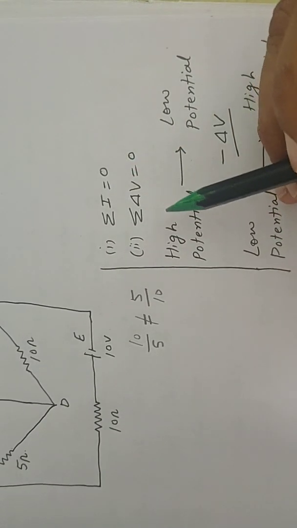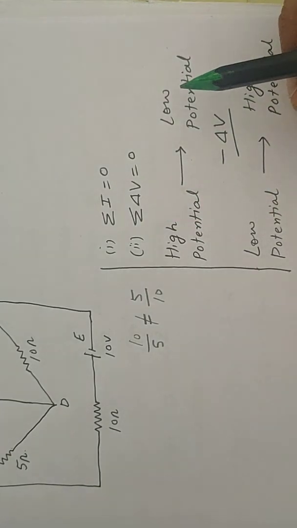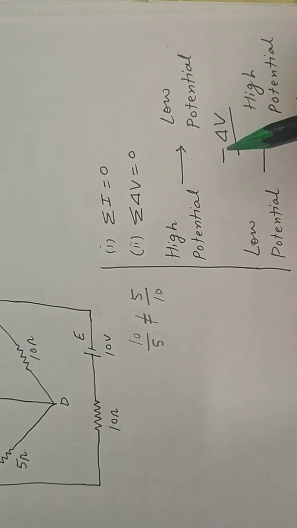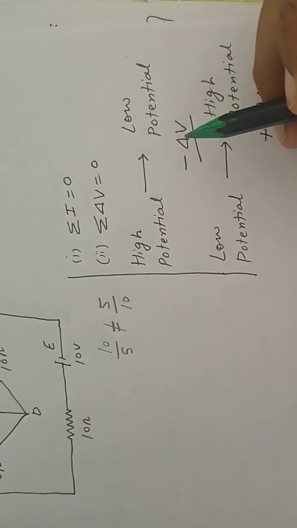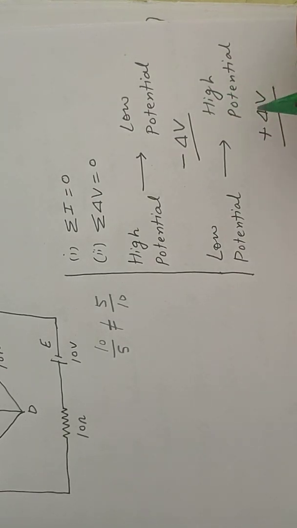And remember that when we go from high potential to low potential, we always take change in potential negative, and when we go from low potential to high potential, we take change in potential positive.